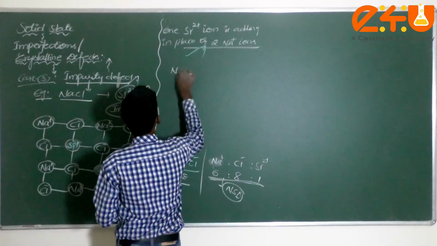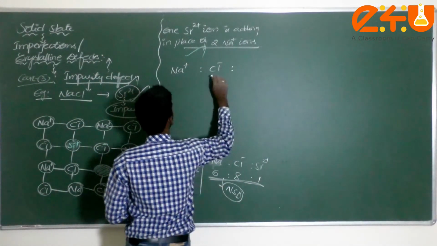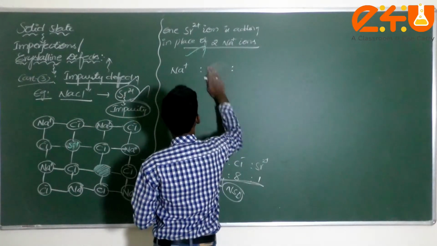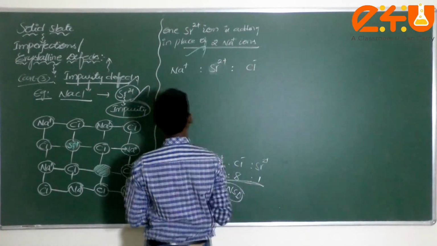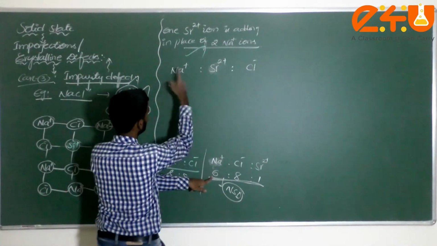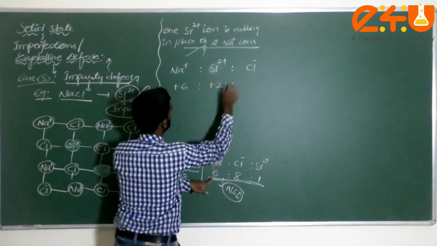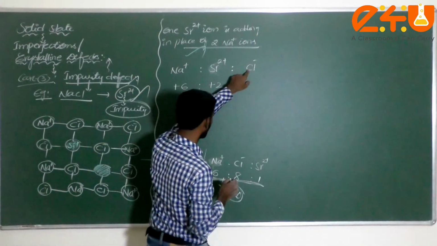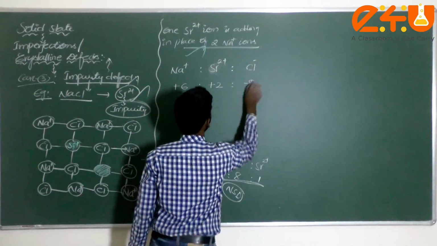Now check whether it maintains electrical neutrality or not. We have Na+, Sr2+ and Cl-. Na+ is 6, so the charge is plus 6. Sr2+ gives plus 2. Chloride ions are 8, so the charge is minus 8.